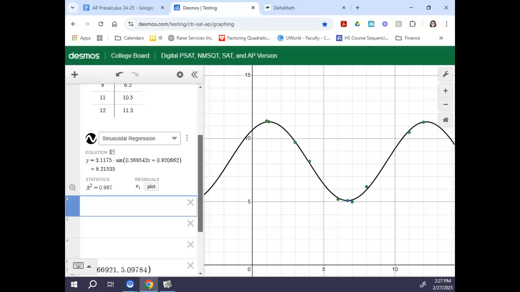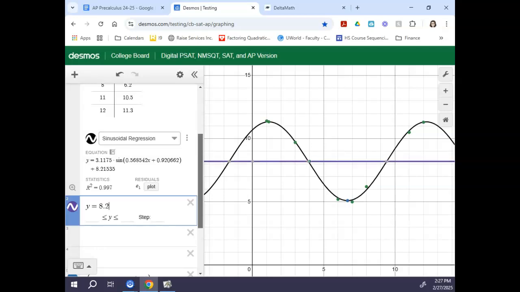So let's come in here and let's do y equals 8.21535. Oh, well, it would help if I actually did the right thing. 21535. There we go.